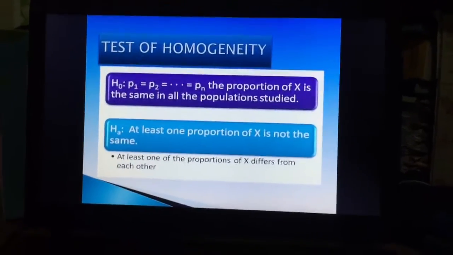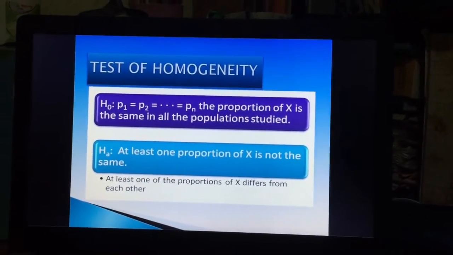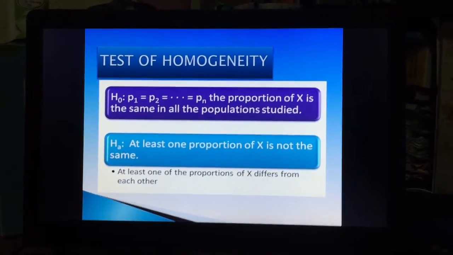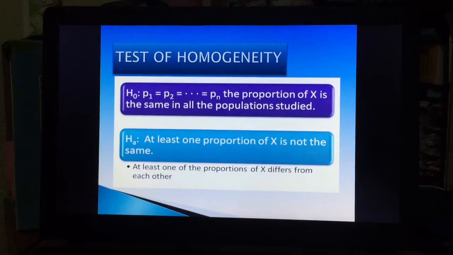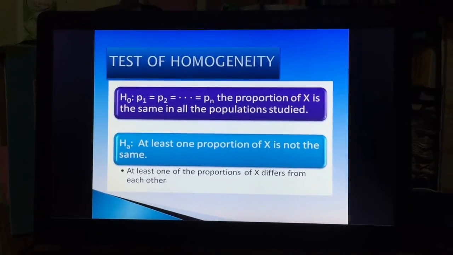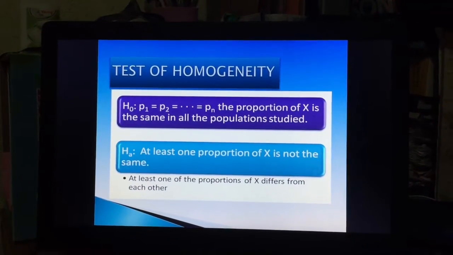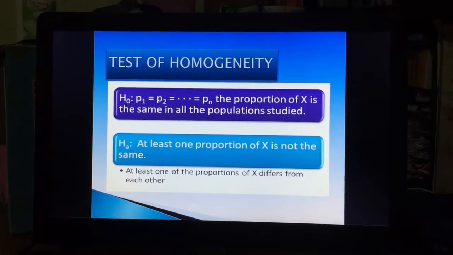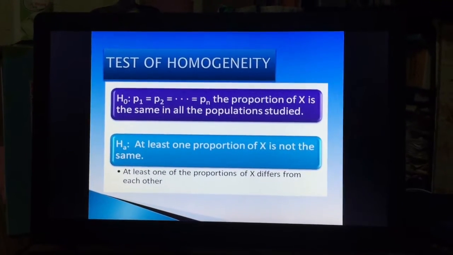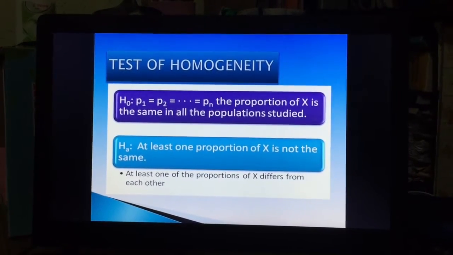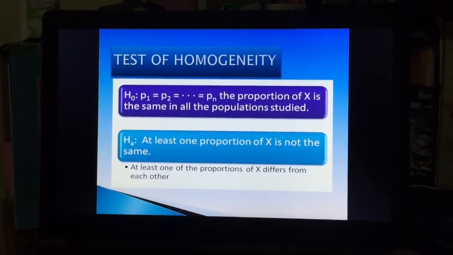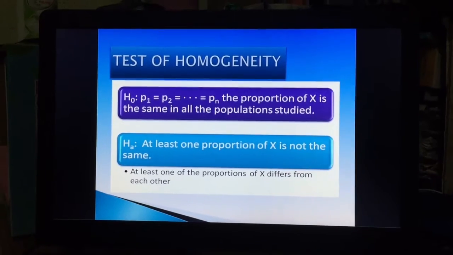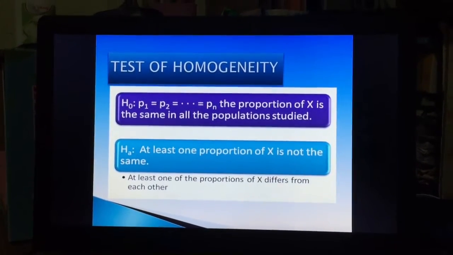For our null hypothesis, proportion 1 is equal to proportion 2 is equal to up to proportion sub n, wherein the proportion of X is the same in all the populations studied. For our alternative hypothesis, at least one proportion of X is not the same. This means at least one of the proportions of X differs from each other.